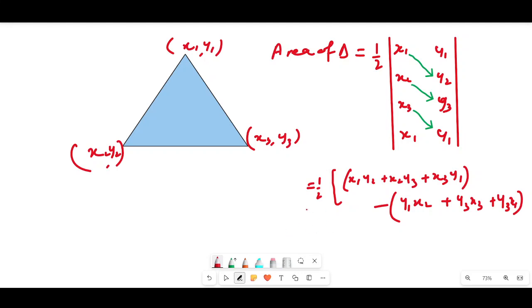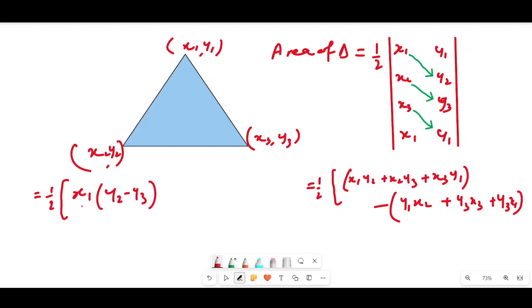Now if we solve it, this is the formula, this is the way to find the area of a given triangle. And now there is another formula to write the same thing, and we are able to learn it in a tricky way. Suppose first we write x1, then we subtract y2 minus y3. That is the first term.